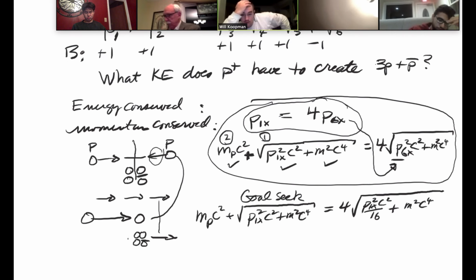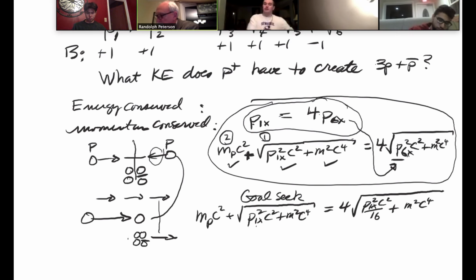Okay. Whoa. Wait, why is it over 16? Because this momentum is equal to 1/4 of the incoming momentum, p1x. That makes sense.